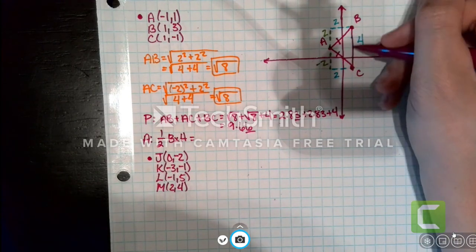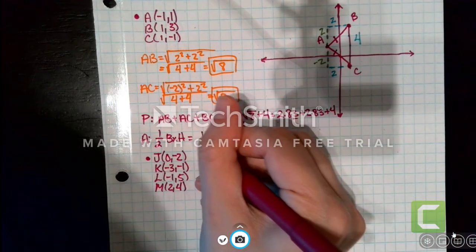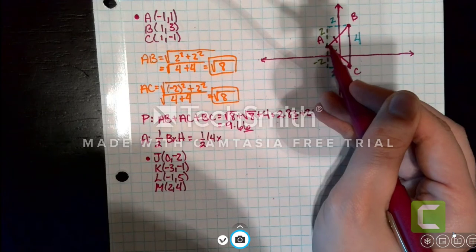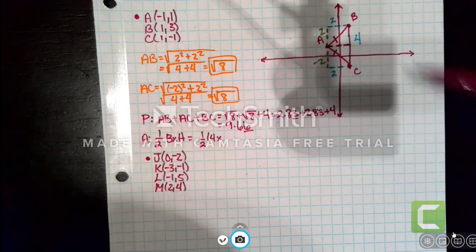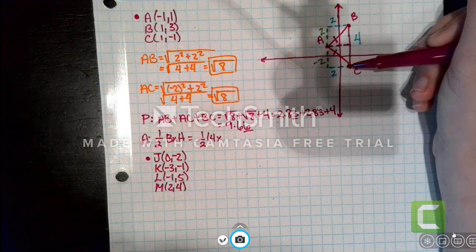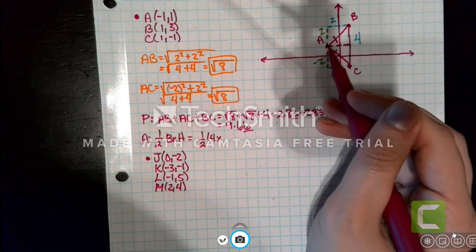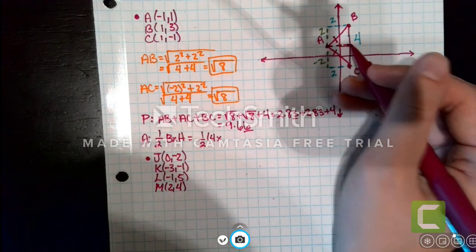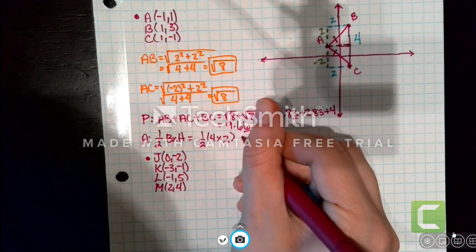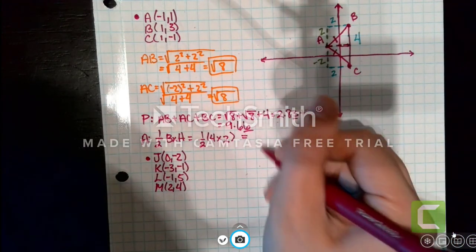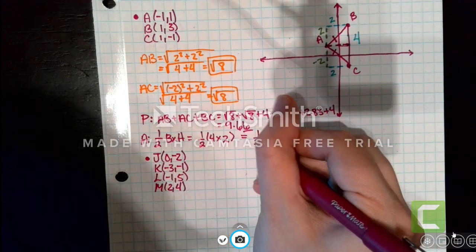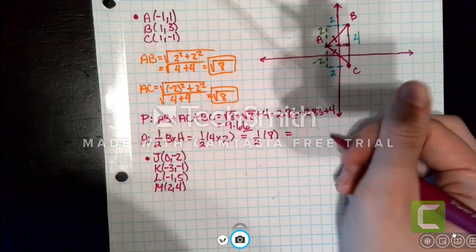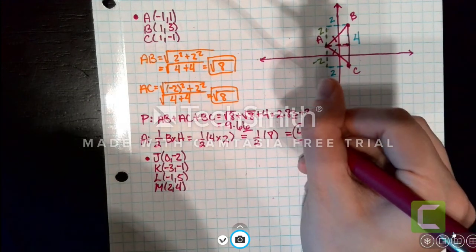So I'm going to declare BC to be my base. 1/2 times 4, which means that my height is from point A down to segment BC. And the length from A to BC is about 1, 2. So your area for this is 1/2 of 8, which means you should have a value of 4 as your area.